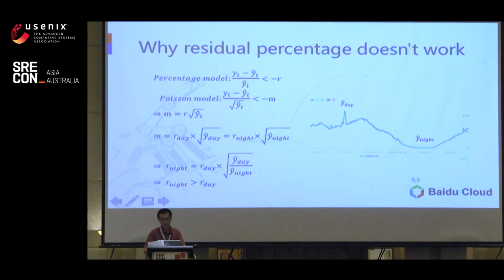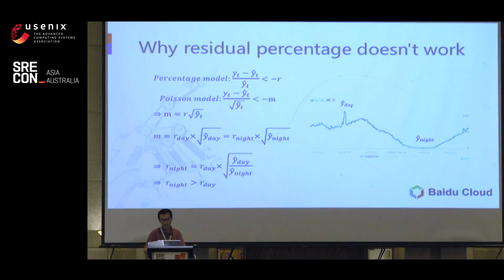Because M is not affected by time, it remains constant during day and night. This means the percentage threshold R at night should be equal to R at day times the square root of the predicted PV number y hat at day divided by y hat at night. Because y hat at day is larger than y hat at night, the percentage threshold R at night must be larger than R at day.